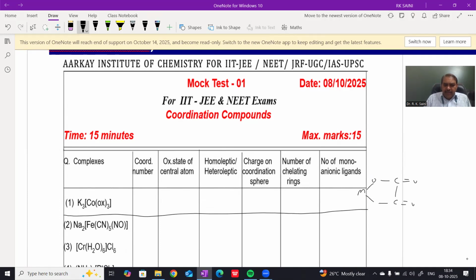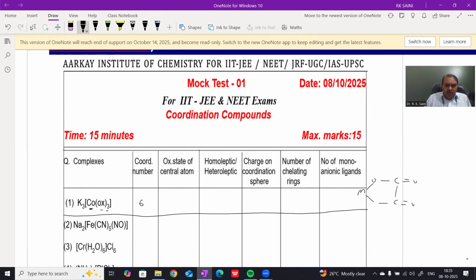When two ligands are there, they make two rings, and three ligands make three rings. Coordination number of the central atom cobalt is 6, because the denticity of oxalate ion is 2 and 3 oxalate ions are there.